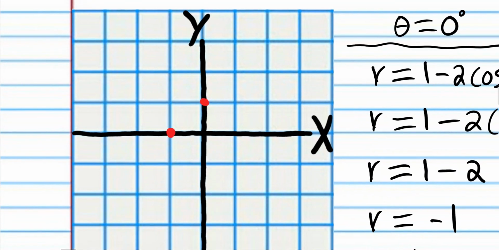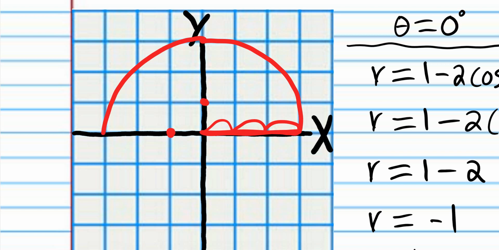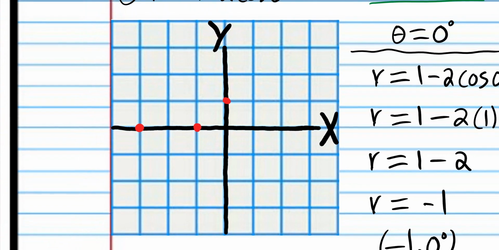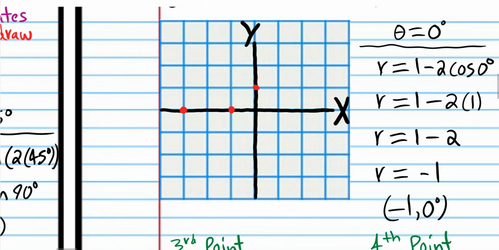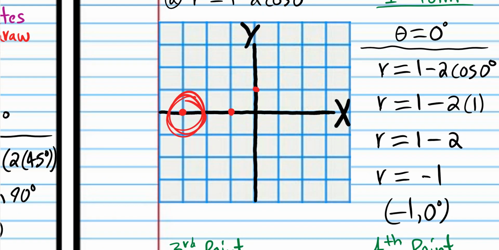Okay, so let's plot that point. We're going to count out 1, 2, 3, and then we're going to rotate 180 degrees, and that gets us to there. So 3 comma 180 degrees is this point here.